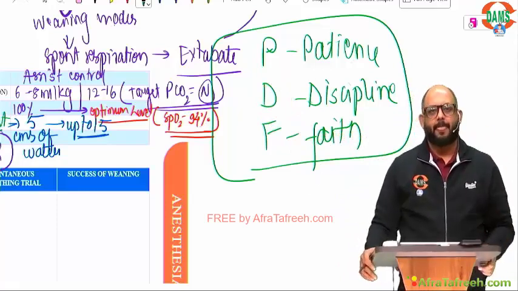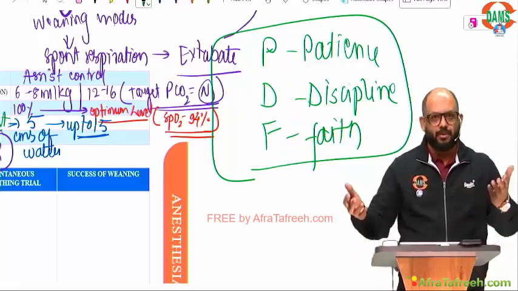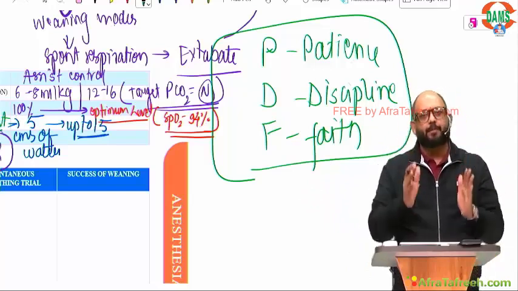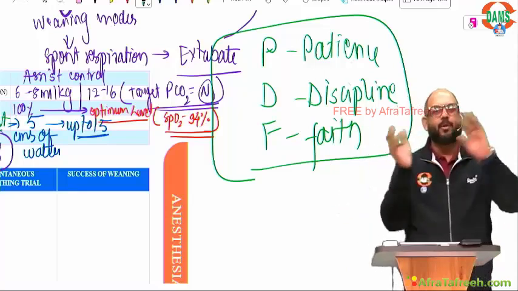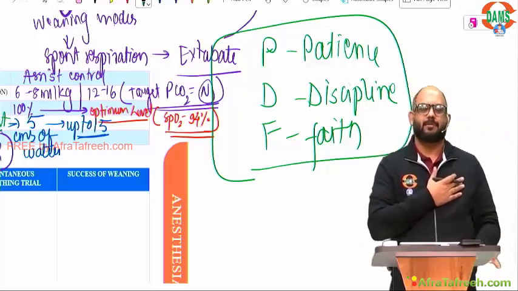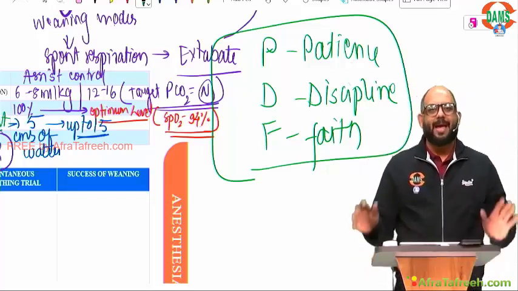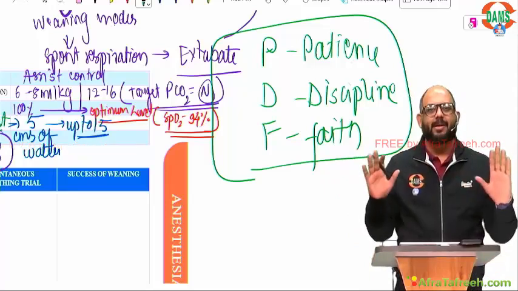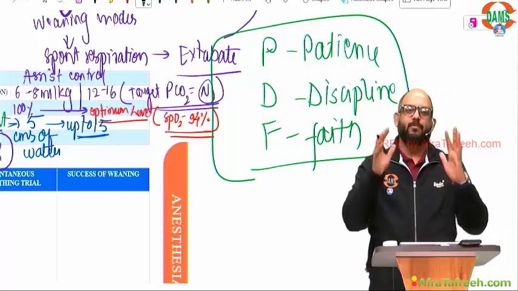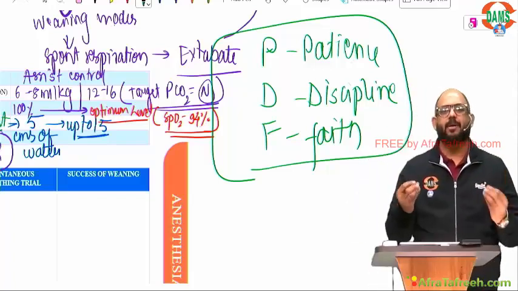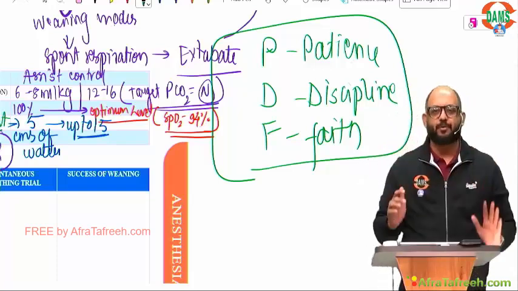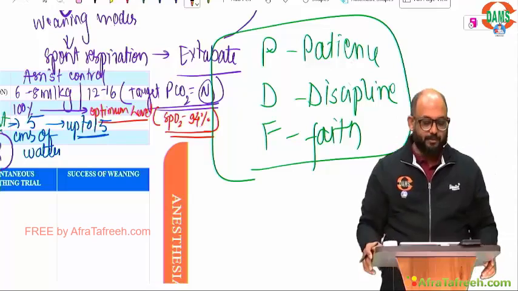Listen first. You don't know what I'm going to say next. Discipline: try to calm down and look at the topic in hand rather than always asking or thinking about something else. And faith. Trust the process. Everything that you need is there. You just need to have faith that whatever we are discussing, whatever we are trying to understand, things are going to come from it. Understand? So this is my PDF to you. Keep this PDF. This is the most important PDF you are going to get in your life.